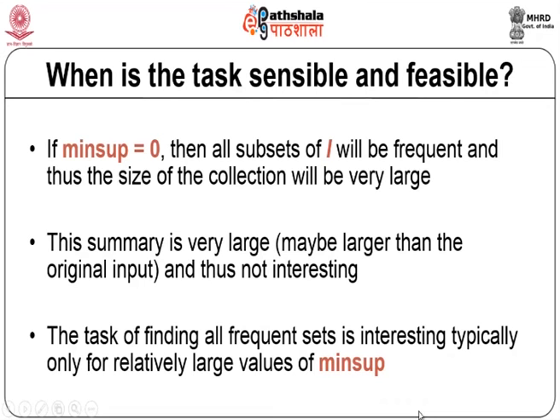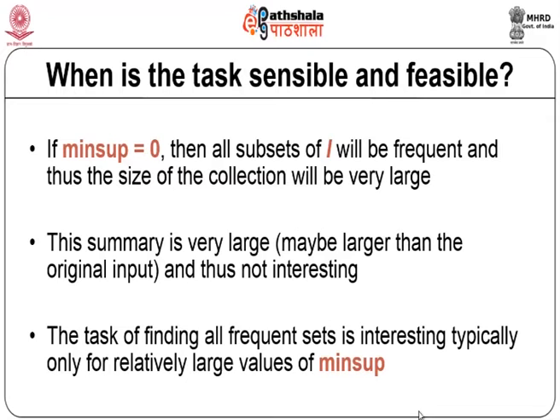Now, if this task is going to be so complex, how can you make this task sensible and feasible? For that, you should not look for a support which is equal to 0, because it is not going to provide you any information. Sometimes you should not have a minimum support which is so low that all the items available in the transactional database will be considered as part of the item set.